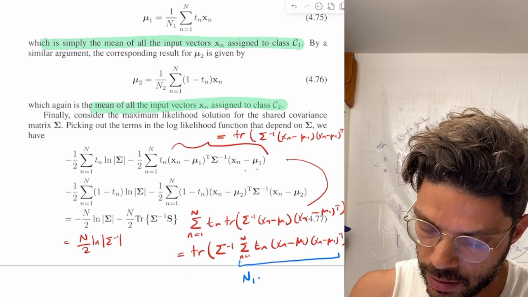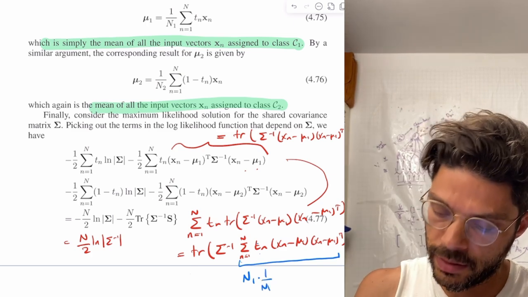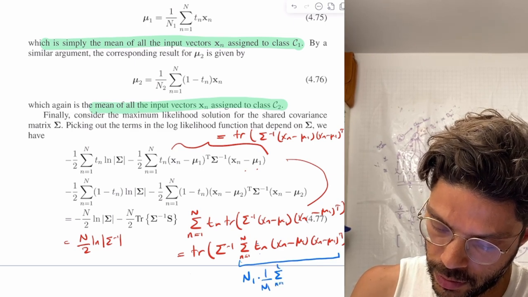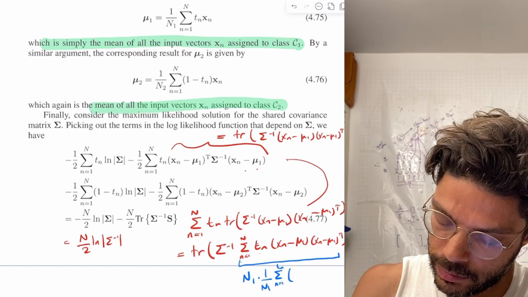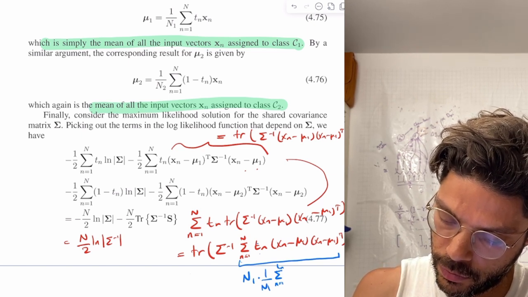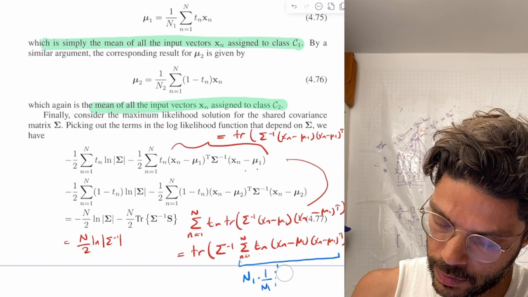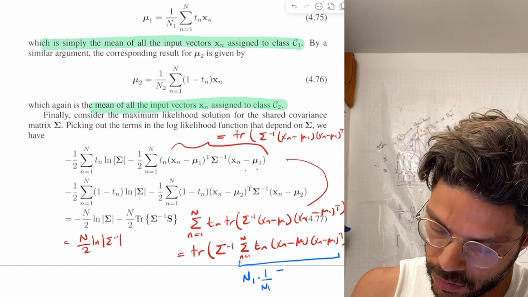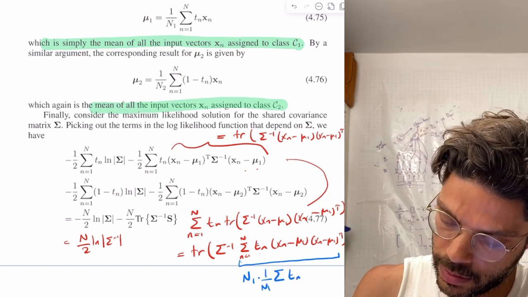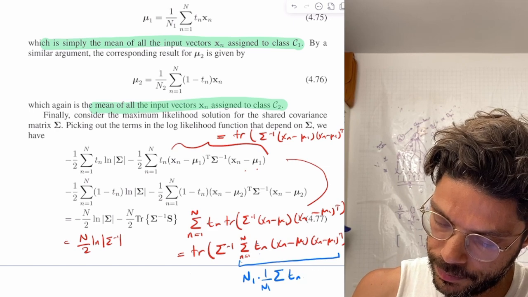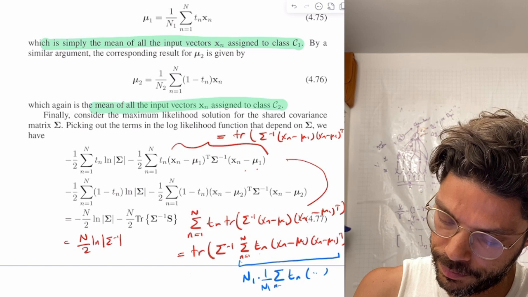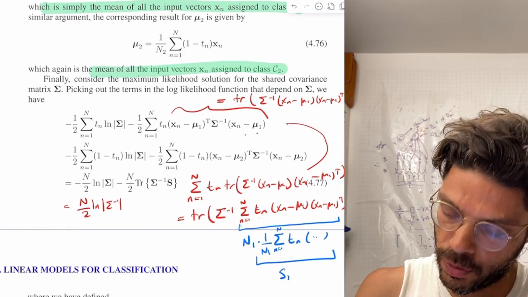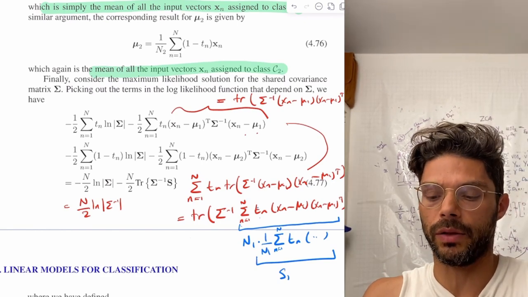So this is N1 times 1 over N1 times the sum over n of t_n, all that stuff. And this thing is just S1. So that's just the covariance.